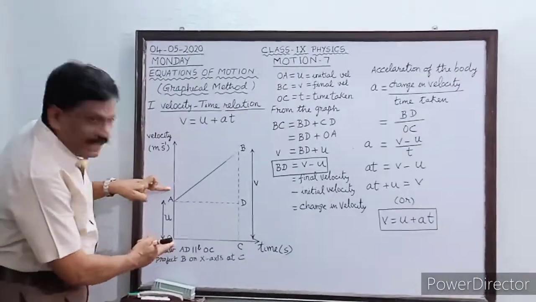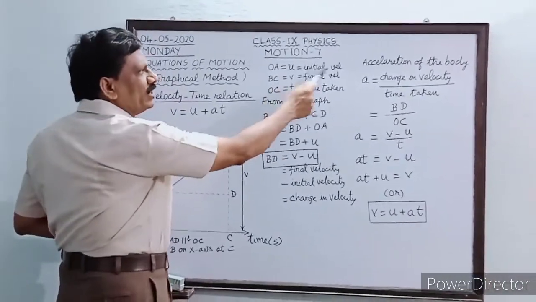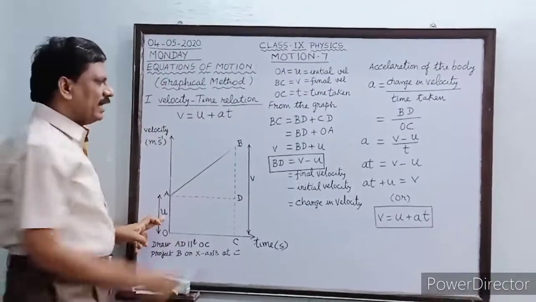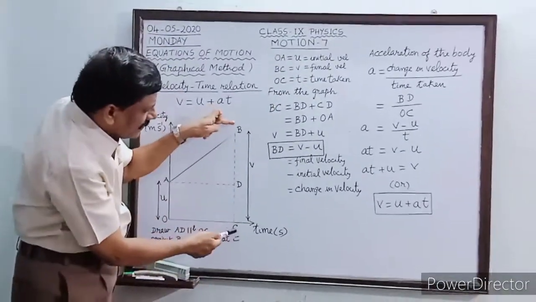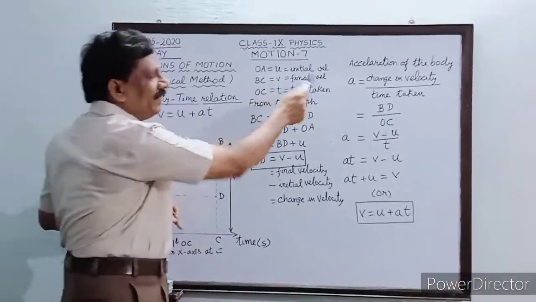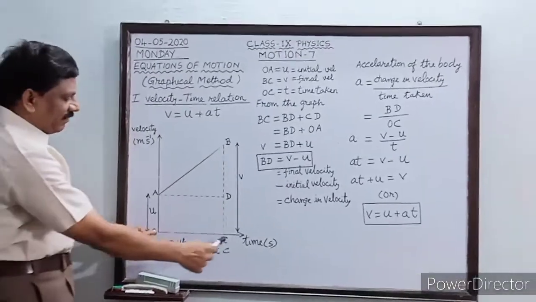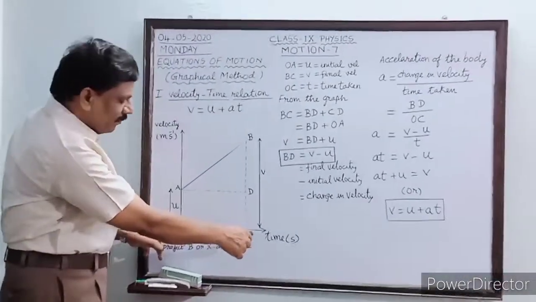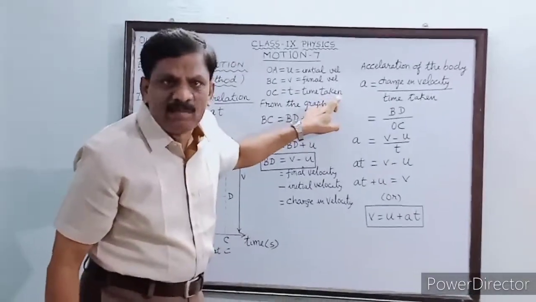The length OA is equal to U, the initial velocity of the body. And what is BC from the graph? BC is equal to V, the final velocity of the body. Then the length of the portion OC must be equal to T, the time taken by the body.